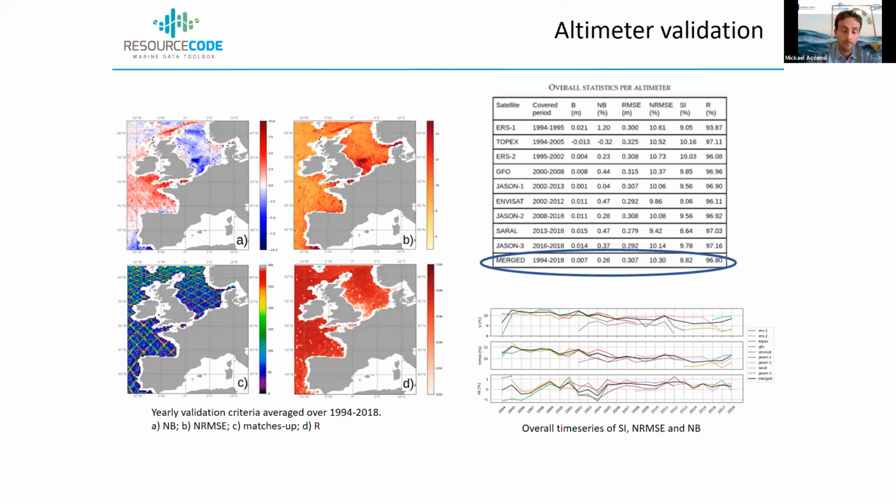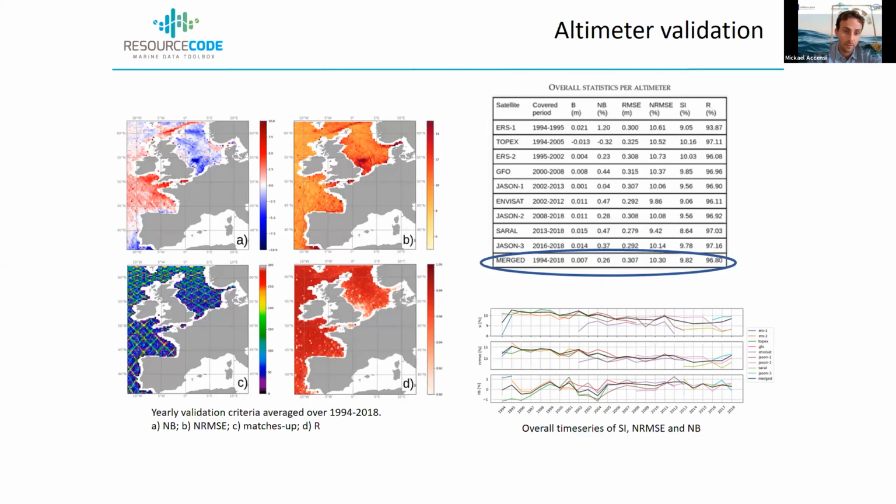And here for the processing of those data, we have removed all the altimeter data about less than 1 meter because they are really noisy data. And we have also removed all the data at less than 50 kilometers to the coast due to the noise also in the altimetric data.